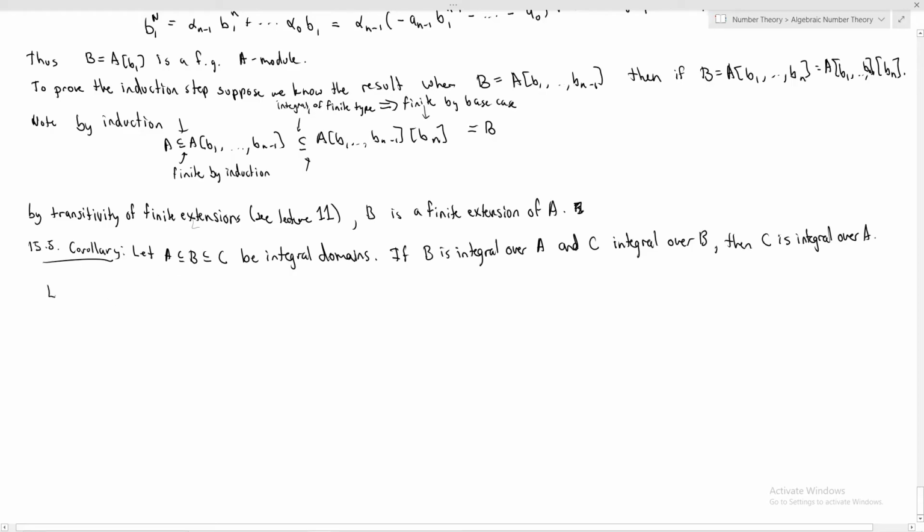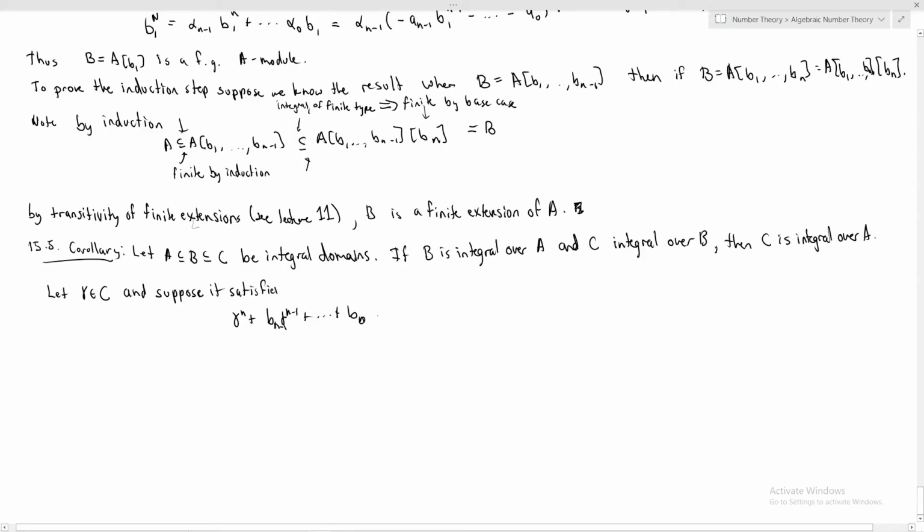Okay, so I'm going to let gamma be in C, and let's say I can find some polynomial in B that it satisfies. Let's say gamma to the n plus b1 gamma to the n minus 1 plus ... I've screwed up the indexing.